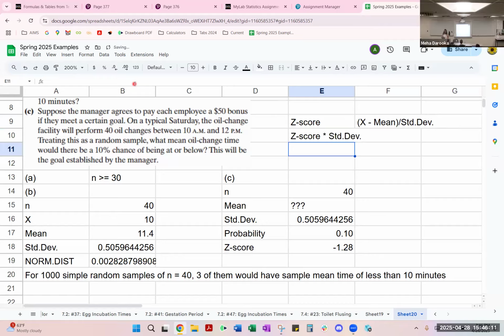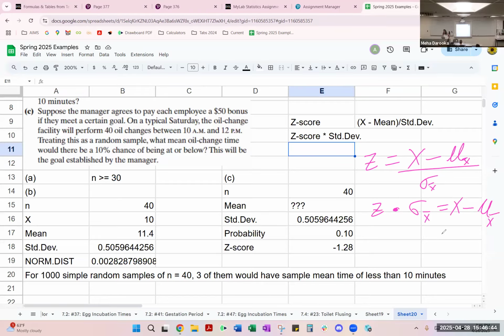And then what? We've got the z-score, which is x minus the mean divided by the standard deviation, and this will be the sampling distribution, so I'll just put a little x bar on it. You're trying to get the mean by itself, which means you take the z-score, multiply by the standard deviation, and that would leave you with x minus the mean on the other side, right?